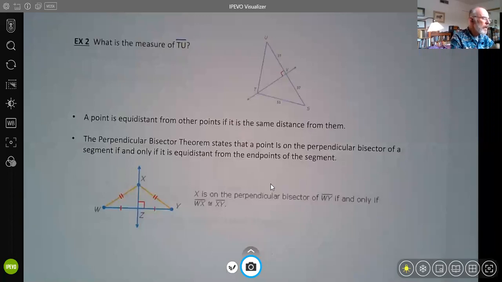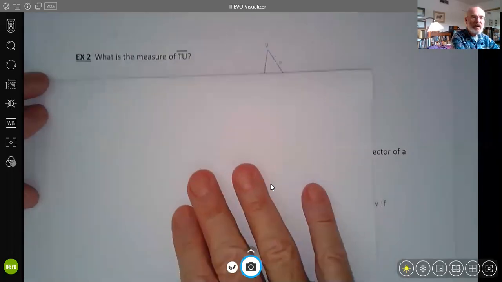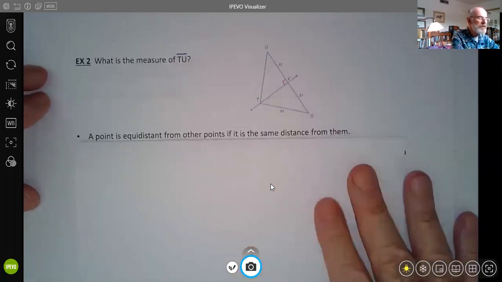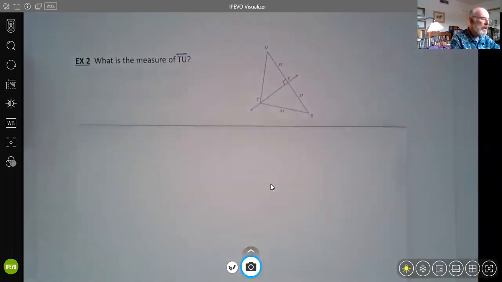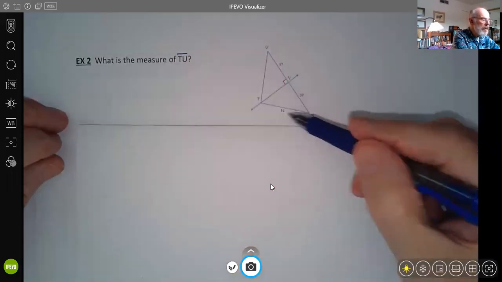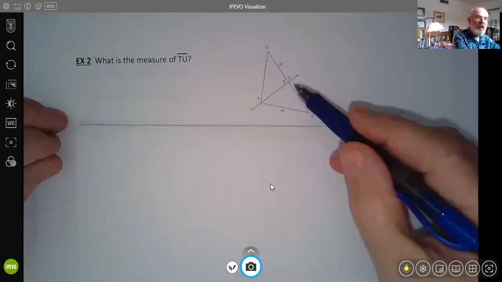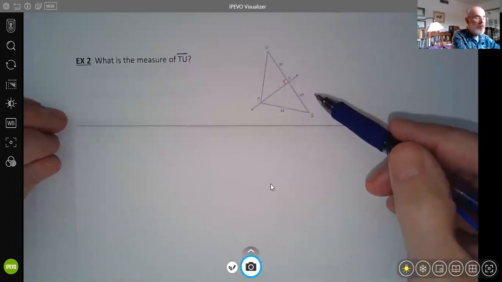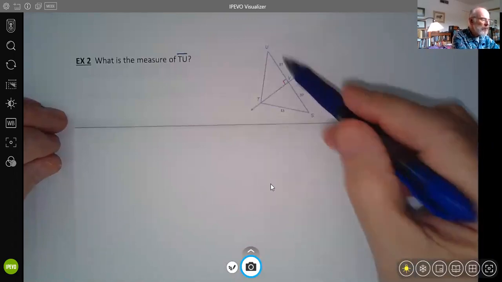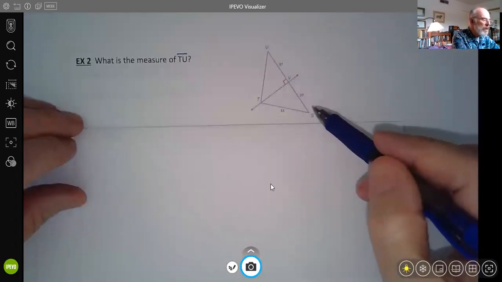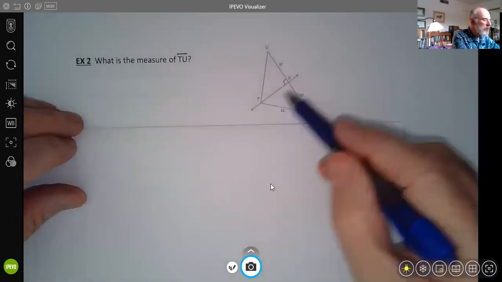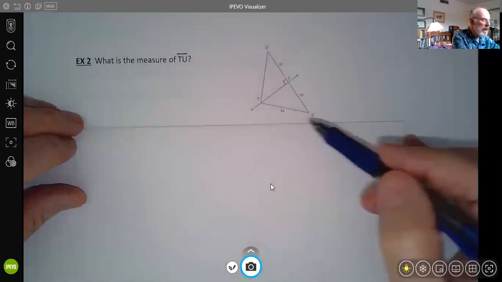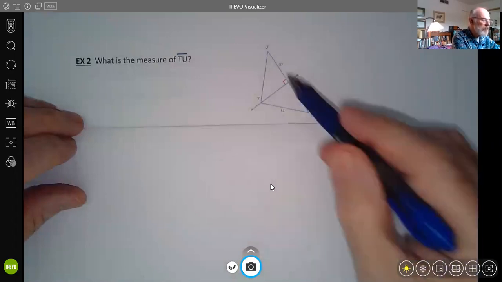Okay, so let's look at our next example. What is the measure of TU? In this next example, we're looking at this figure here. It kind of looks like a bow and arrow, very romantically, with U to S being the bow, TV being the arrow, and the drawstrings being TU and TS, pulled out.